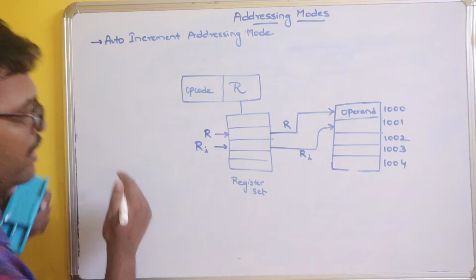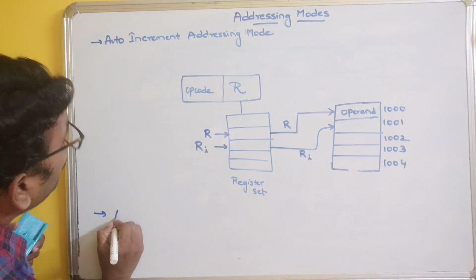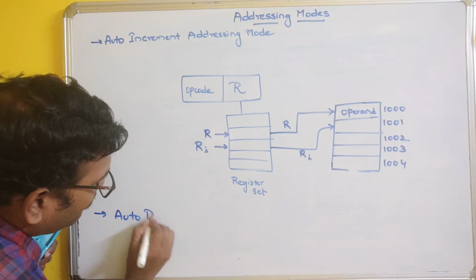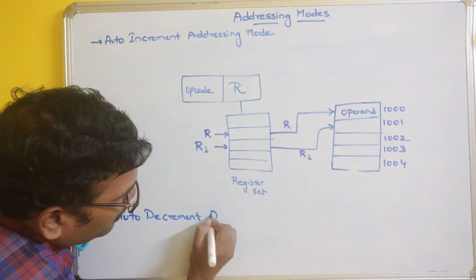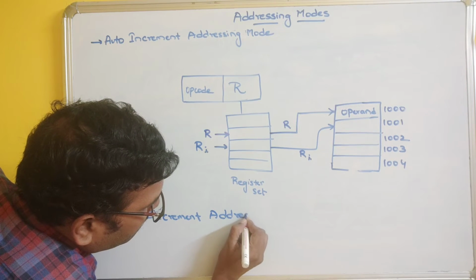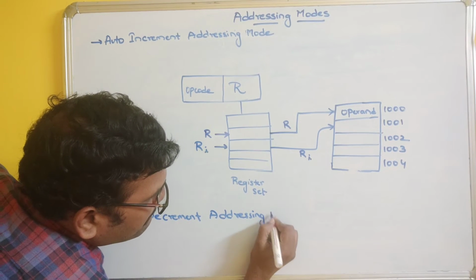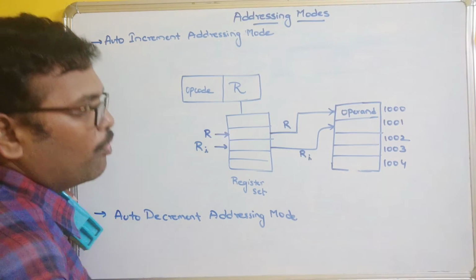So the same way the next one is auto decrement addressing mode.